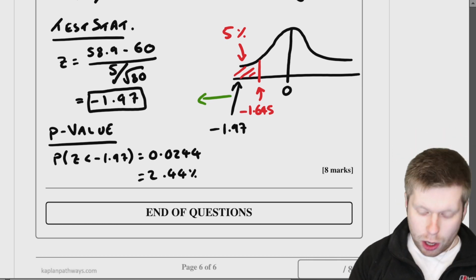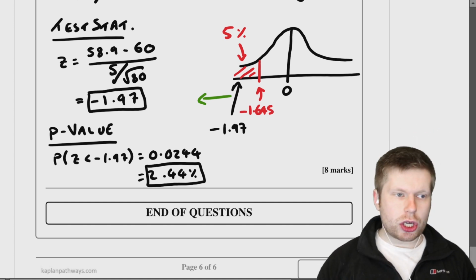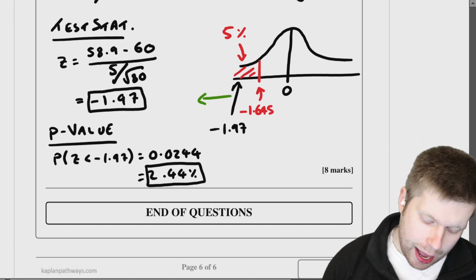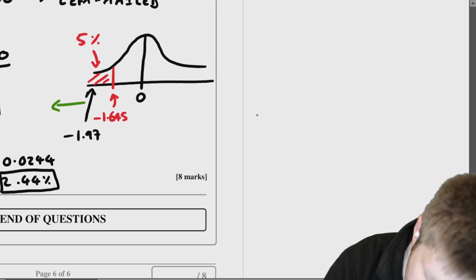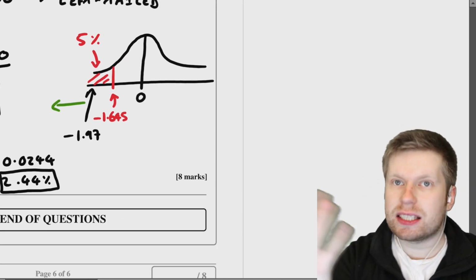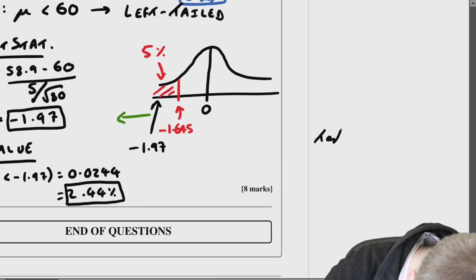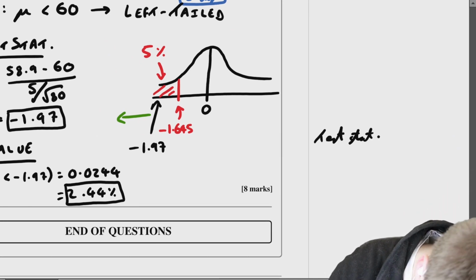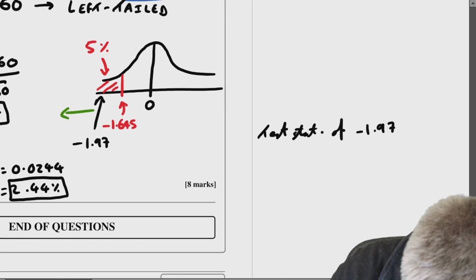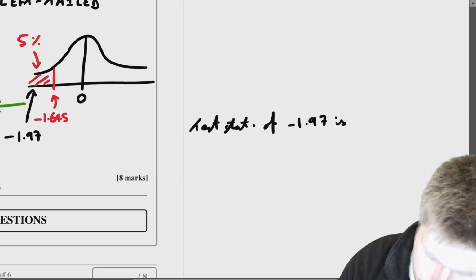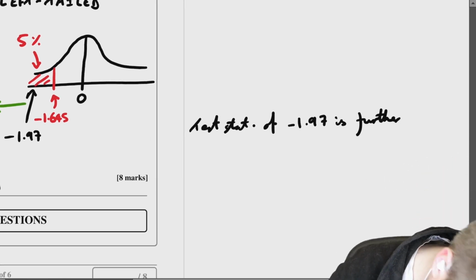So the only thing left to go then, I've got my test statistic, I've got my p-value, I'm now in a position where I can actually write down my conclusion. So I'm going to do it over here where I've got a little bit more space. So remember, the first thing I need to state is test statistic, okay? So I can say my test statistic of negative 1.97 is further into the critical region, okay?